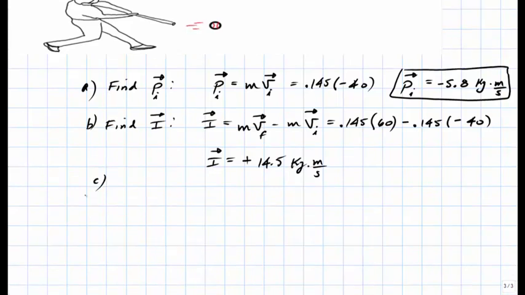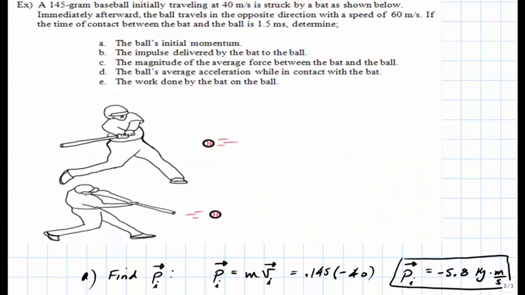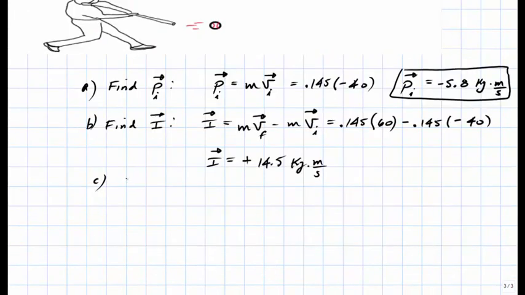In part C, we would like to determine the magnitude of the average force between the bat and the ball. So we would like to find the average force that the bat exerts on the ball. And let's consider a free body diagram before moving forward.